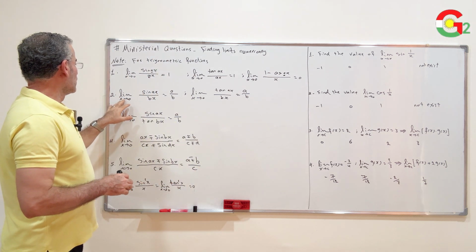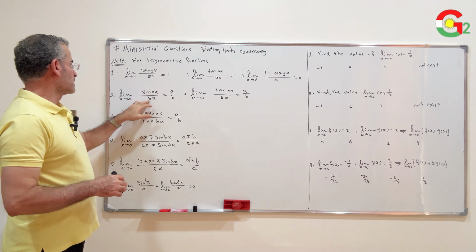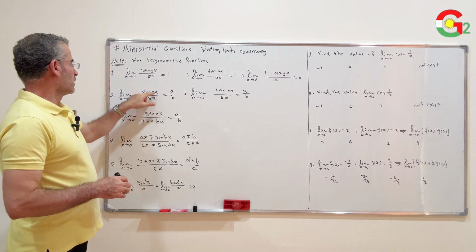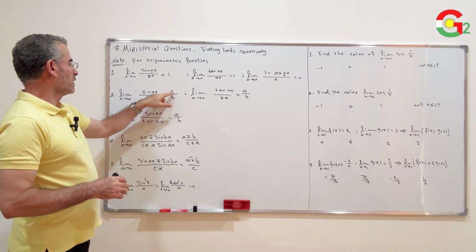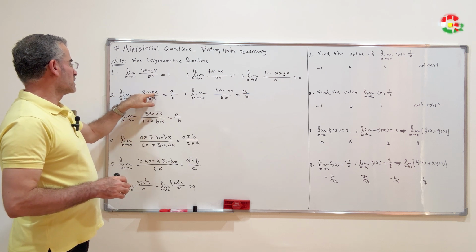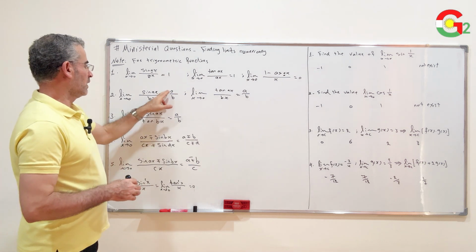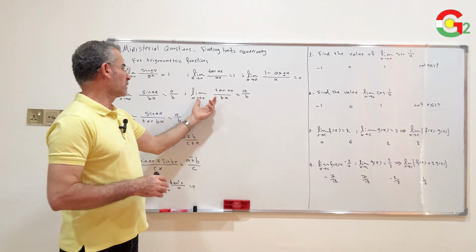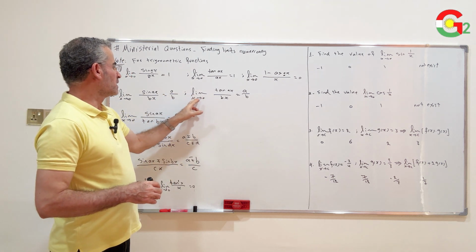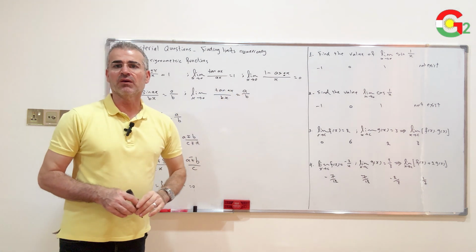Number 2, limit x approaches 0 for sine ax over bx, the coefficient changes, then the answer is the coefficient of x in the sine over the coefficient of x in the denominator, a over b. Also for tan, the same. Limit x approaches 0, tan ax over bx equals a over b.